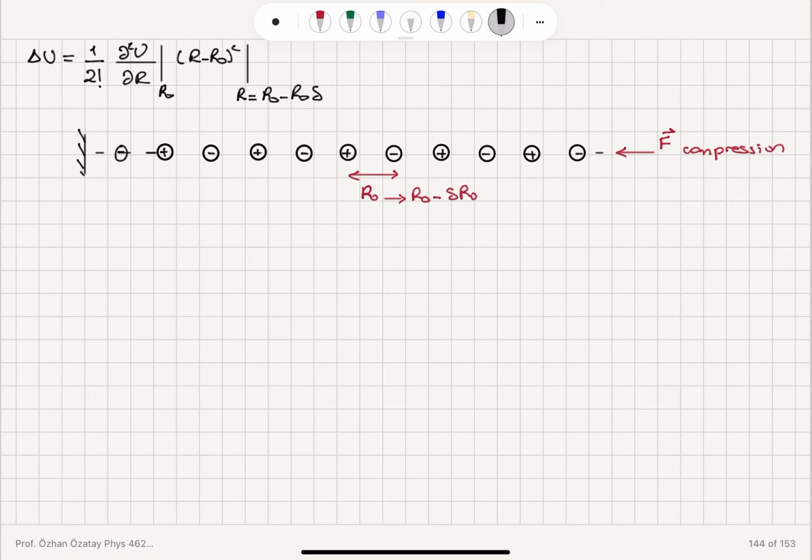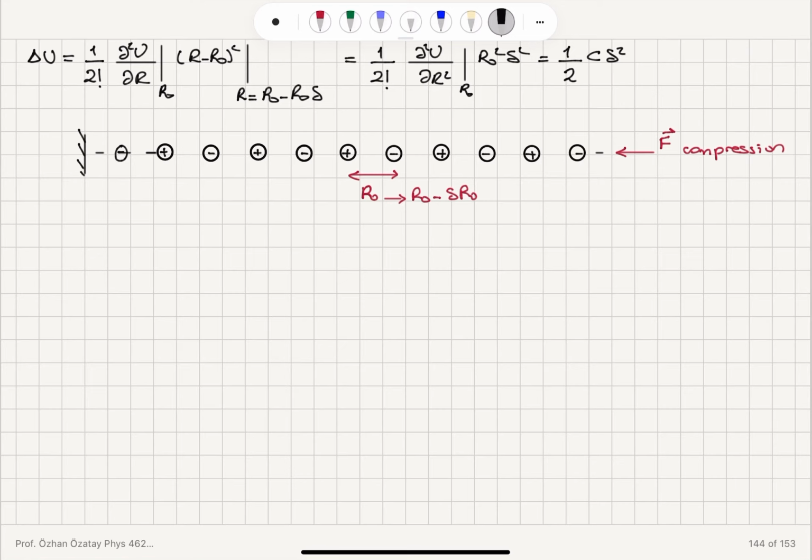So this is going to give me 1 over 2 factorial times the second derivative of the potential, del squared U del R squared evaluated at R0. Now R is R0 minus R0 delta. Subtracted from this R0, I obtain R0 delta. So R minus R0 is R0 delta. So this is R0 squared delta squared, which is equal to 1 over 2 C delta squared.